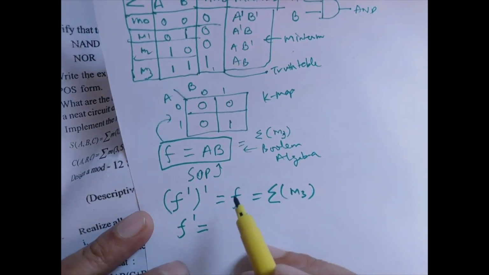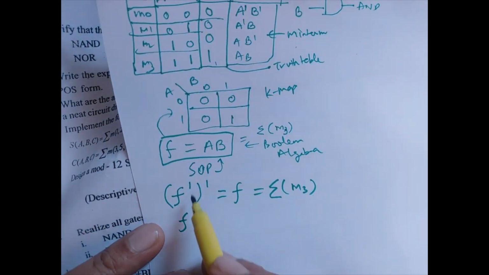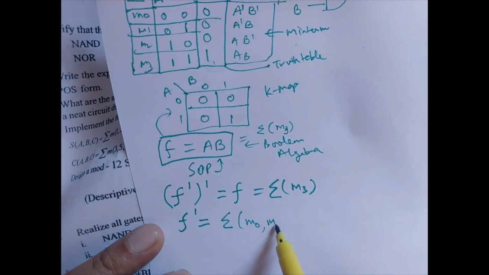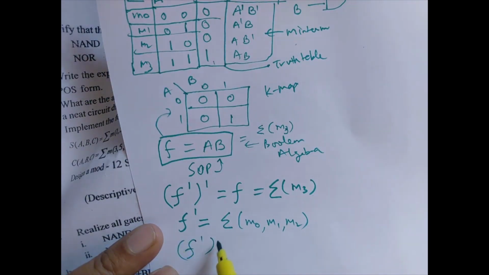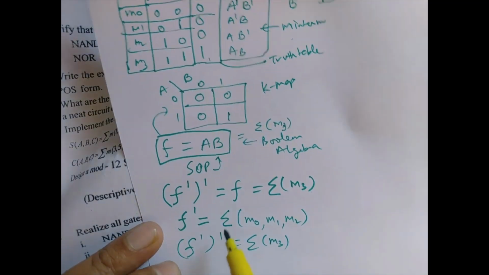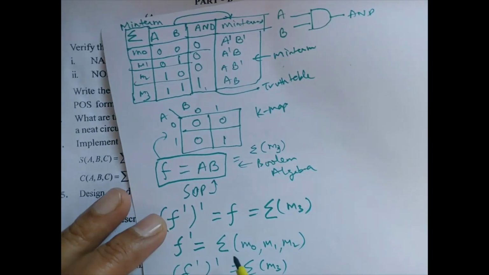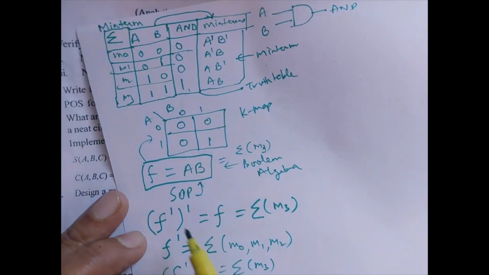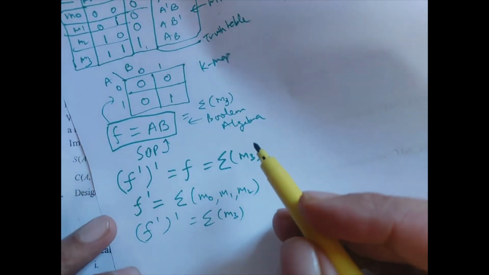Okay, so what is the complement of f? These are all minterms which are other than m3. And what will be then the complement of all this? It will be m3.